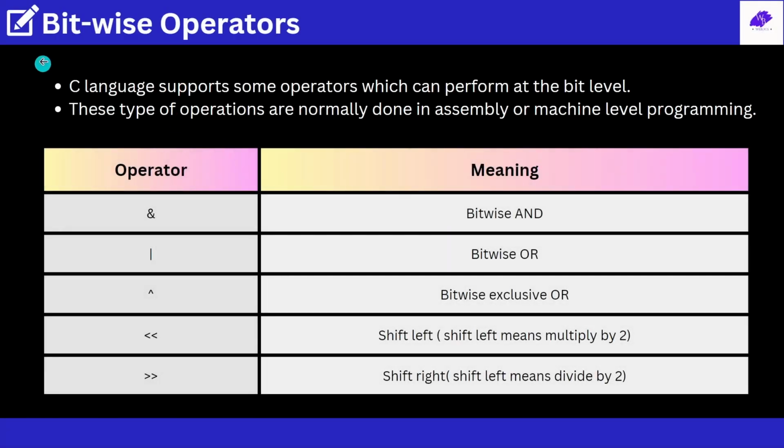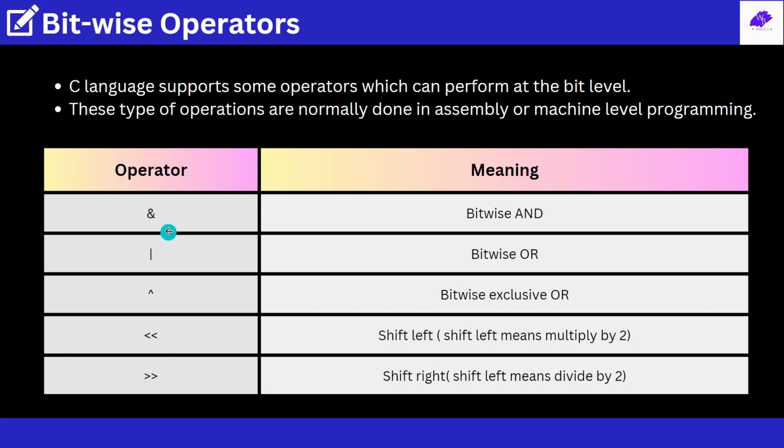So next is the bitwise operator. This is the last operator we will study, and from the next video we will continue with our next topics. C language supports some operators which can perform at bit level, also called machine level programming. Unlike whatever subjects you are learning in the first or second semester, like BEE, all are bit level circuitries.